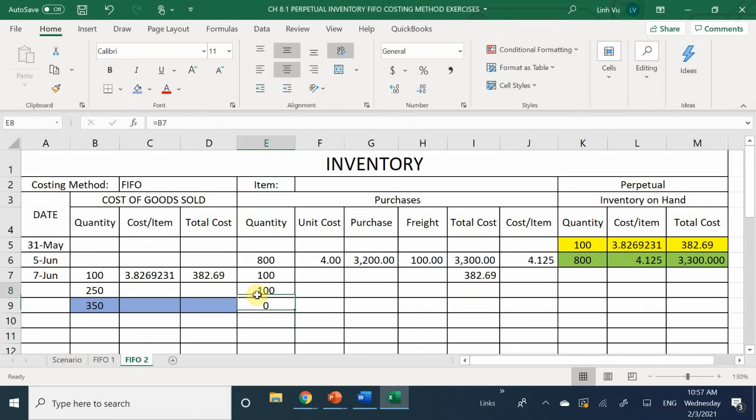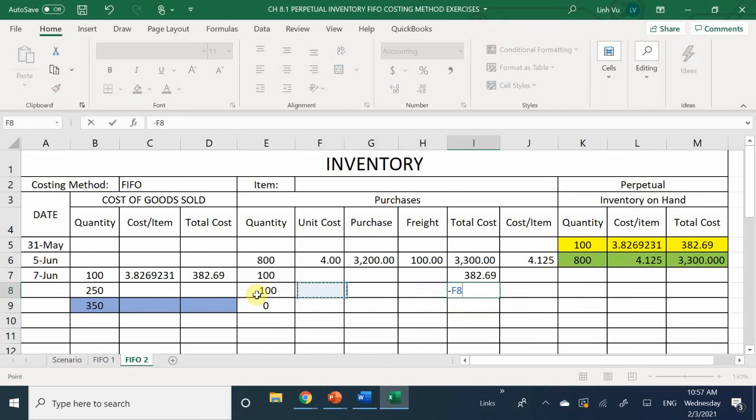Okay, wait, this is supposed to be negative 100. And then this is supposed to be negative 38269. So therefore, this should be 0 as well. And we can go ahead and come here and we can 0 this out.